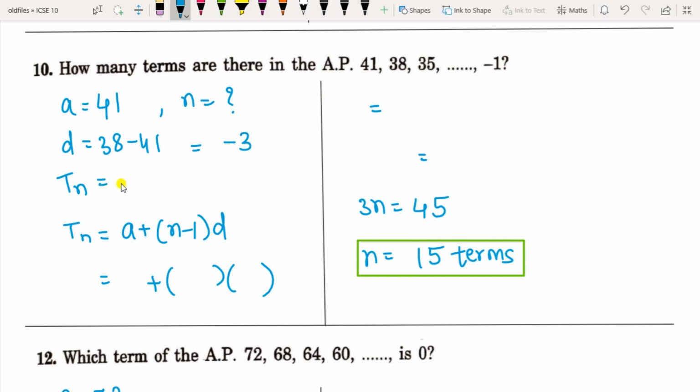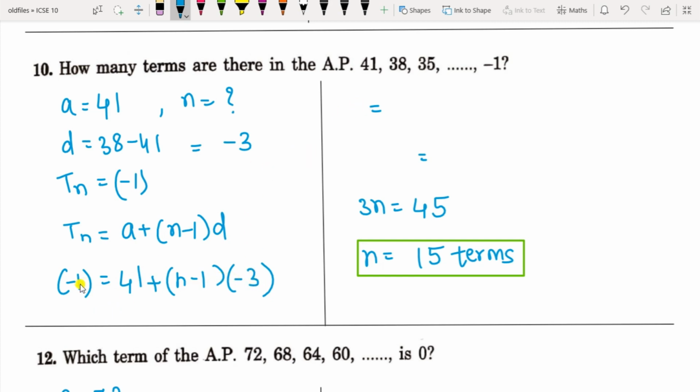Okay. So Tn, the last term, is given as minus 1 here. So apply the formula Tn equal to A plus (n minus 1)D. You have to find the value of n here. The last term value is given as minus 1 equal to 41, n minus 1, which you don't know, and minus 3.